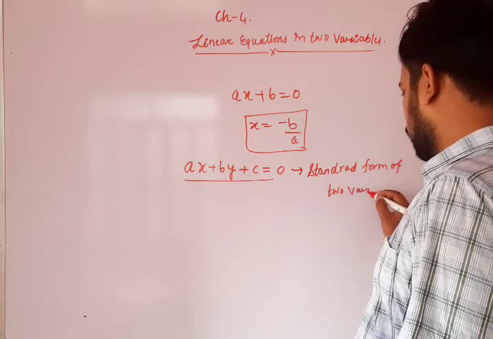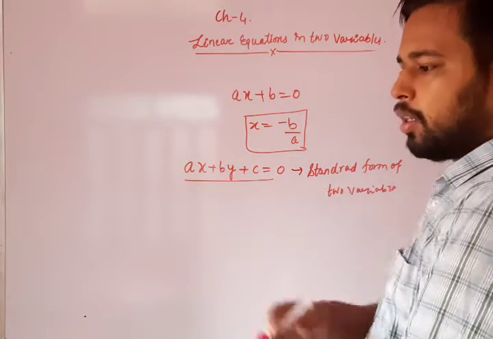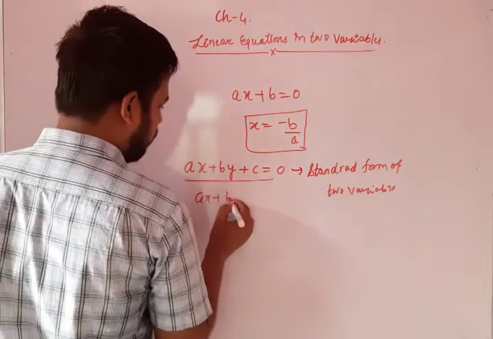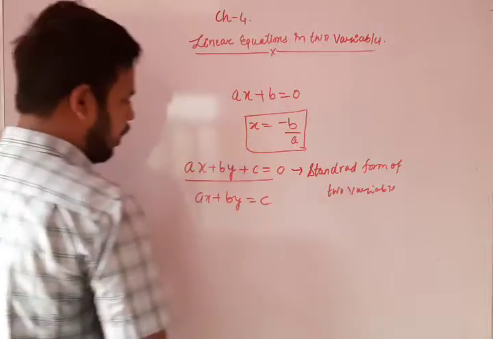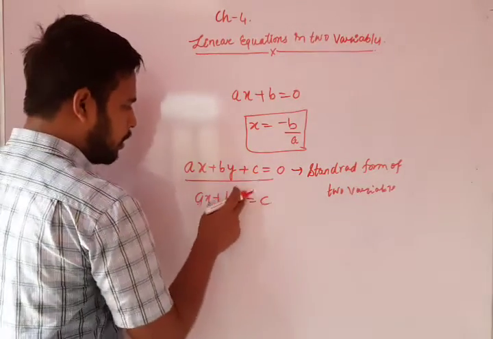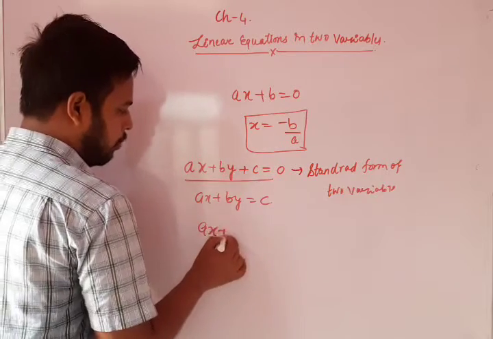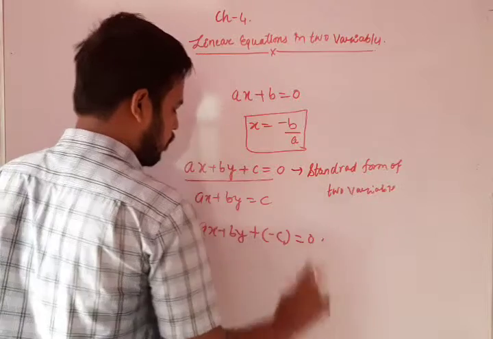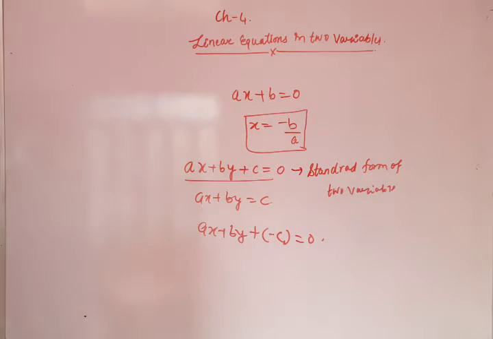Sometimes it is given in the form ax plus by equals c. Then to change it into the standard form, you bring c to this side: ax plus by plus (minus c) equals 0. This will be the standard form.